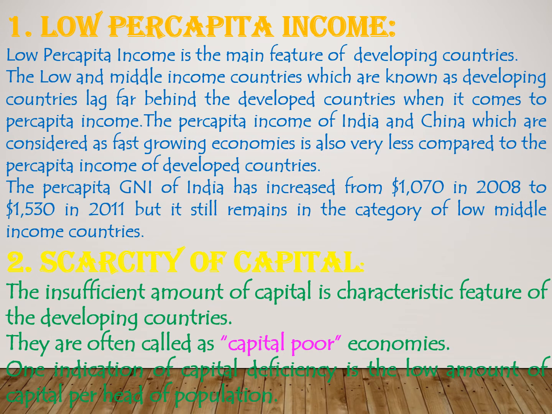The per capita GNI of India increased from $1070 in 2008 to $1530 in 2011, but it still remains in the category of middle income countries, that is a growing economy. So per capita income is the basic feature of developing economies.